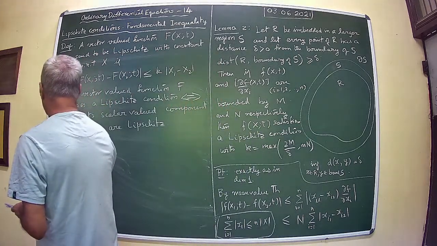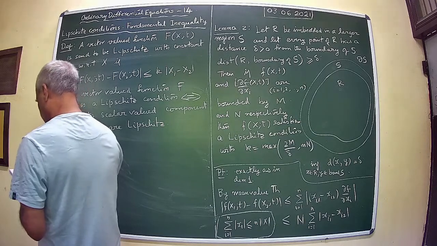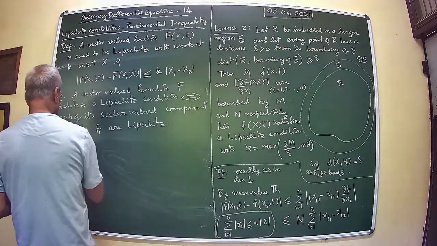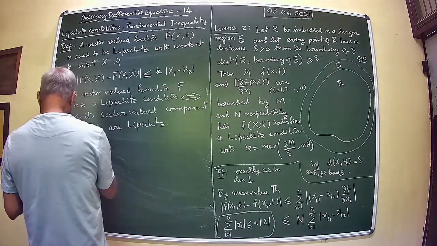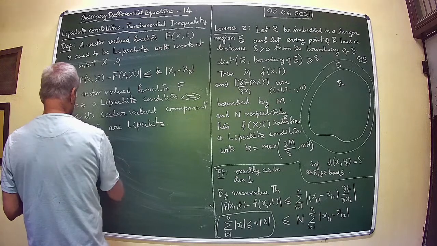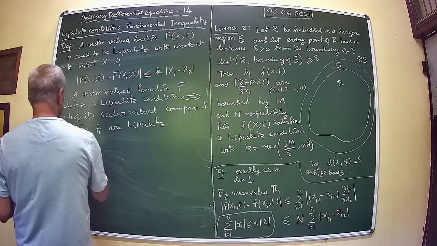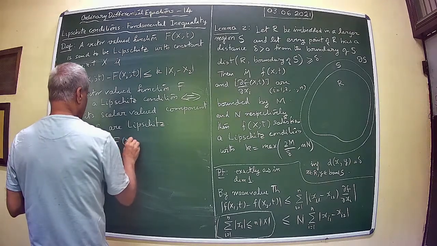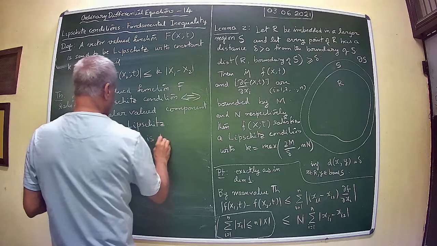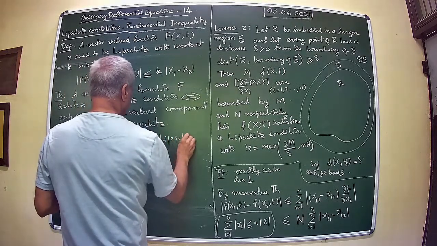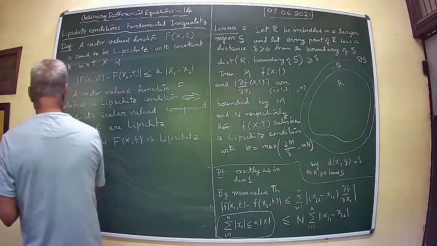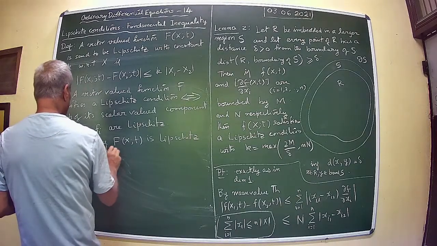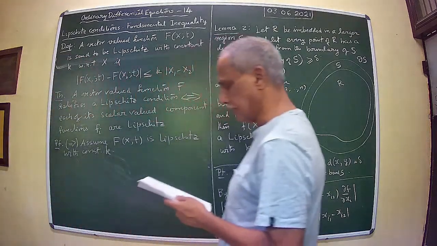So we'll just give the proof of this. Now the forward implication is this: assume capital F is Lipschitz with constant k.